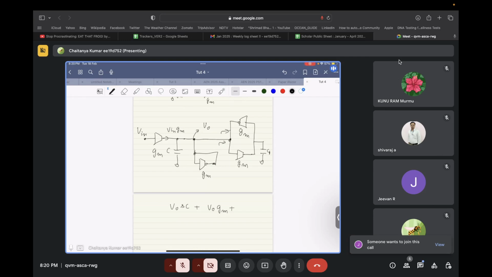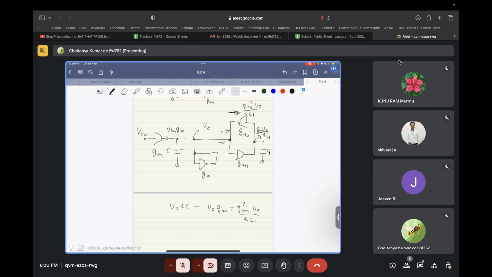If this is V naught, this is V naught by SC1, and the current GM times V naught by SC1, and the current that is flowing in this direction is GM square times V naught by SC1.